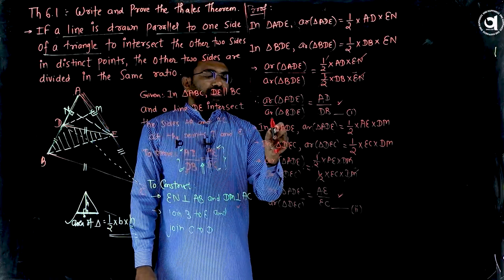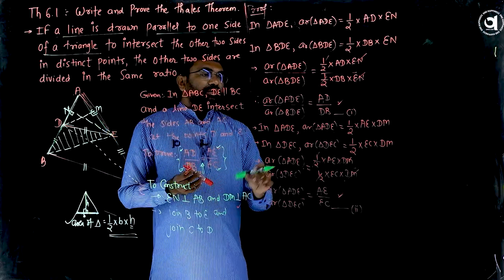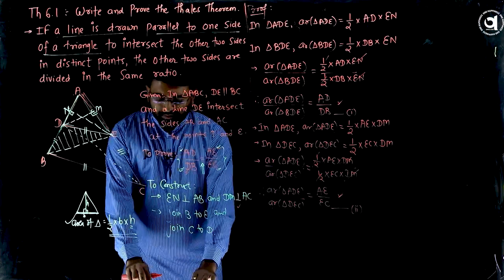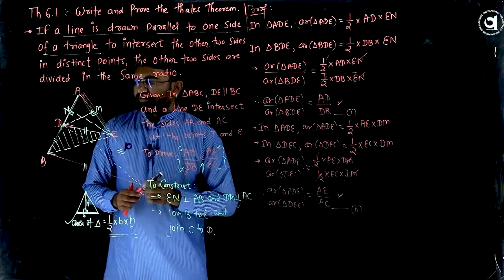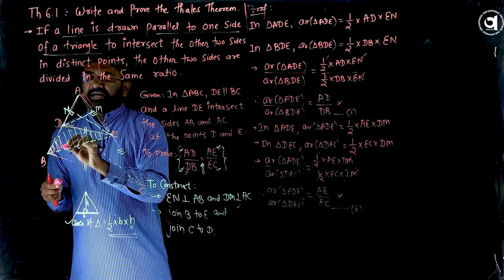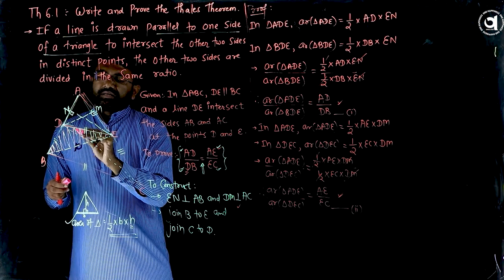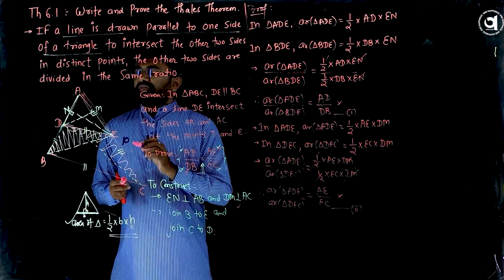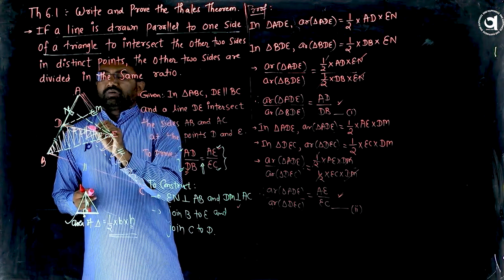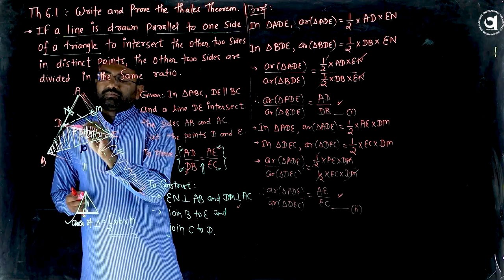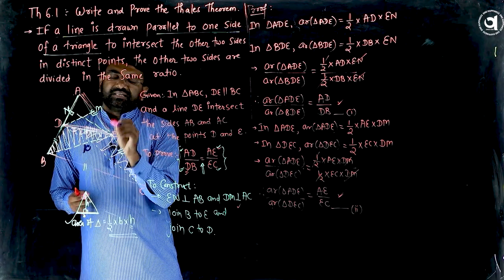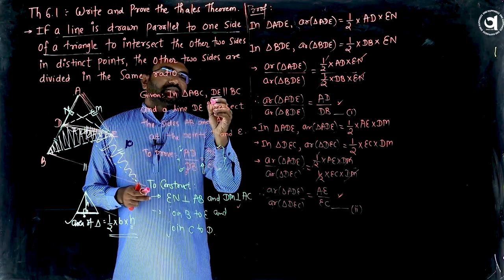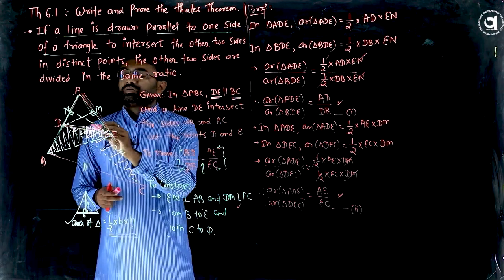So for that we observe these two triangles in the figure: triangle BDE and triangle DEC. Triangle BDE is here and triangle DEC is here. We can say these two triangles lie on the same base DE. Both triangles have the common side DE, and in the construction, or you can say in the given part, line DE is parallel to BC.